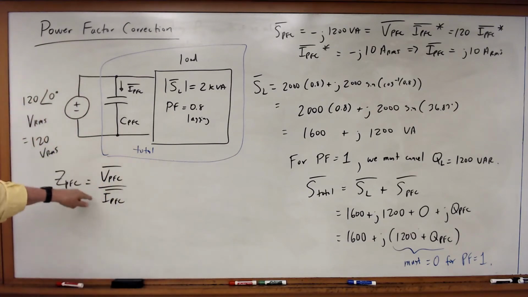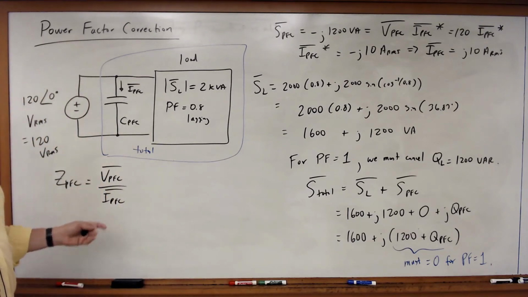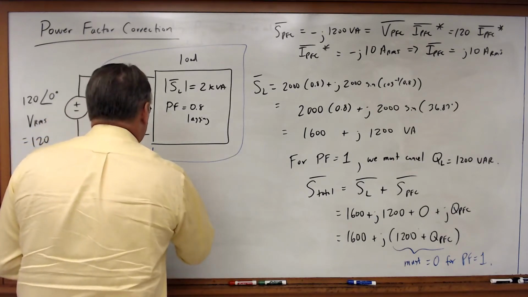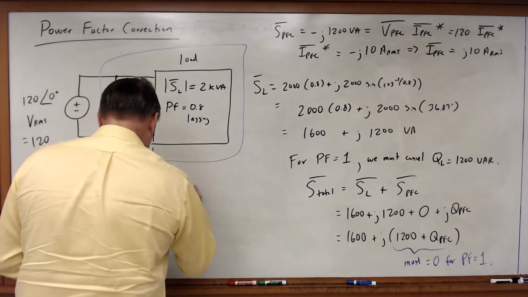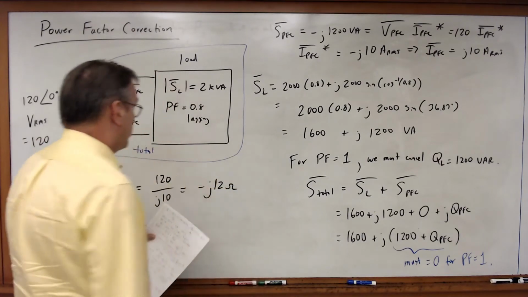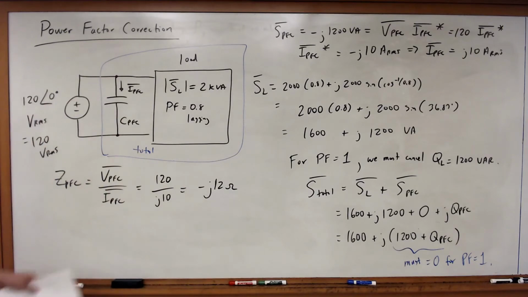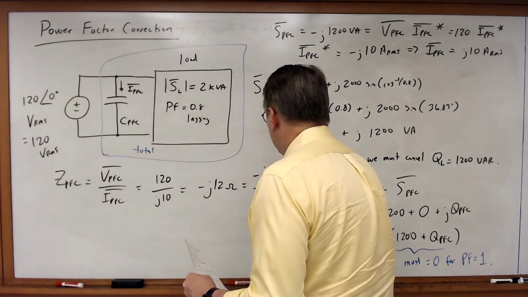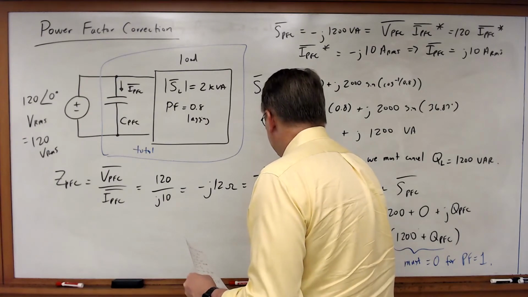Once again, just the definition of impedance. Once again, plug in the values. 120 divided by J10 gets us minus J12 ohms. And I know that this must also be equal to minus J over omega CPFC.